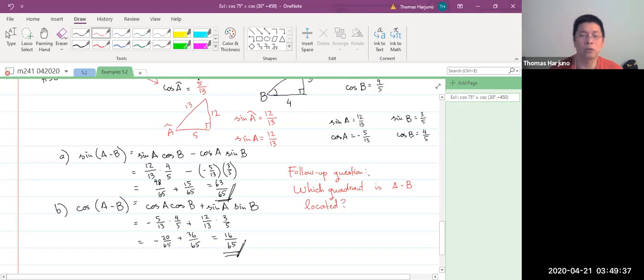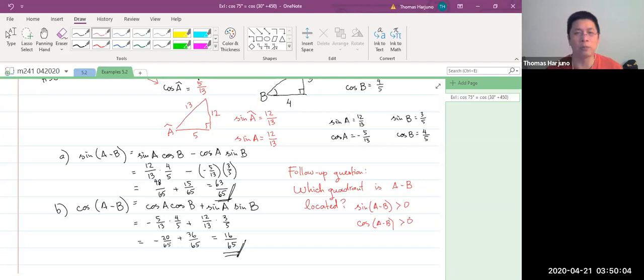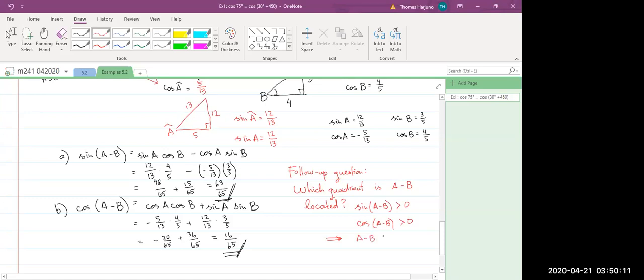The way we answer that question is we see the behavior when you put them under the function of sine and under the function of cosine. Sine of A minus B is positive, right? Cosine of A minus B is also positive. Now, which quadrant gives you sine and cosine positive? That's quadrant 1.